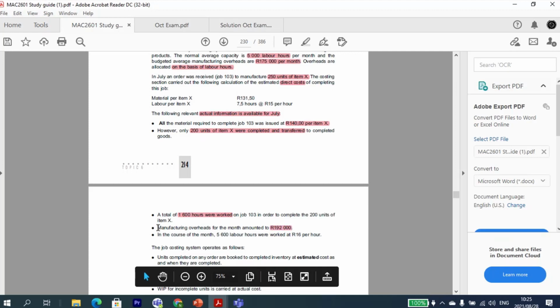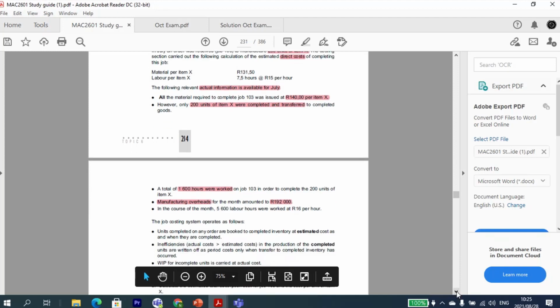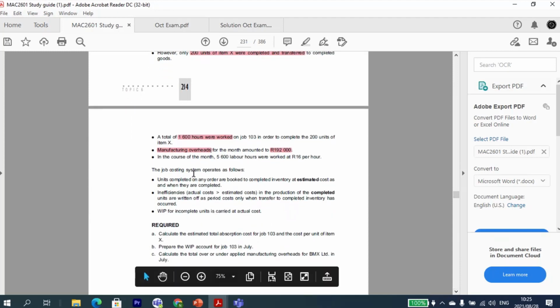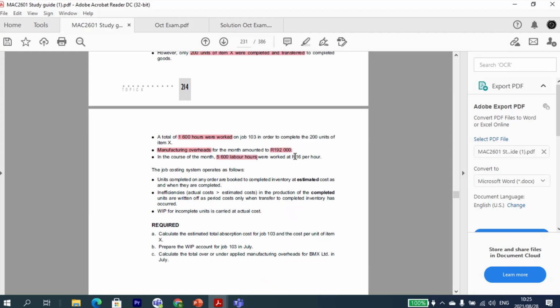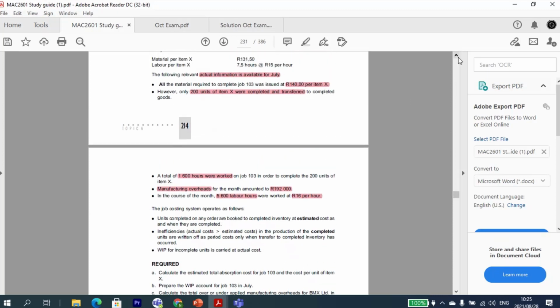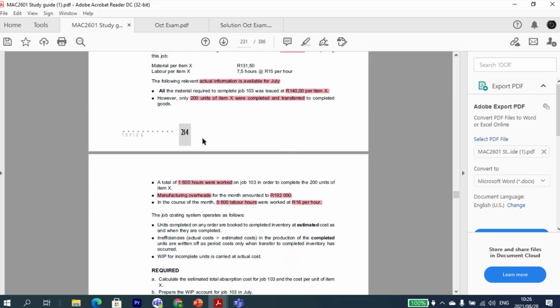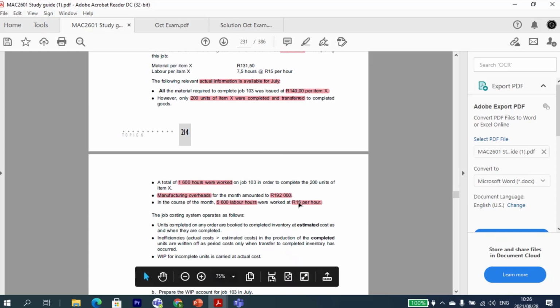So now you've got the actual manufacturing overheads. Probably you will have to compare it against what you've estimated here. Let's continue. In the course of the month, 5,600 labor hours were worked at 16 Rand per hour, whereas the estimate was 15 Rand per hour. So you can see that we either spent higher than what we anticipated or lower. But so far it seems like we spent higher on the material and also higher on the labor hours.